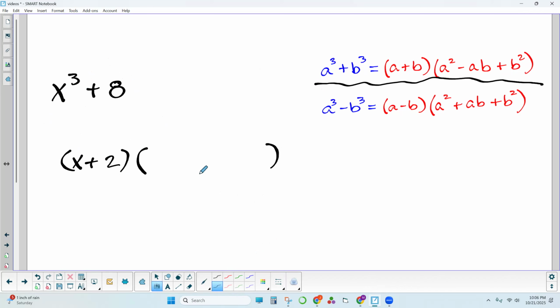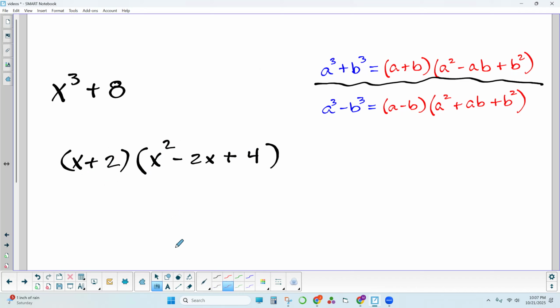Now, for the trinomial, the other factor, we're going to take a and square it. We're going to subtract the product of a and b, which is minus 2x. And then we're going to add b squared, which is 4. And that is the factored form of our cubes.